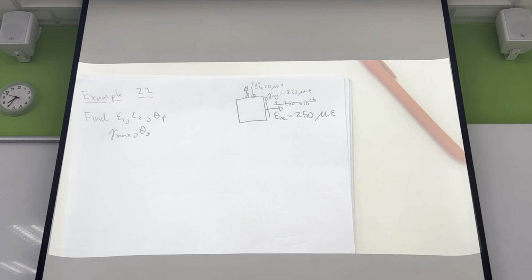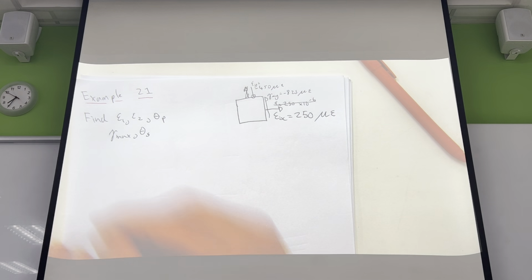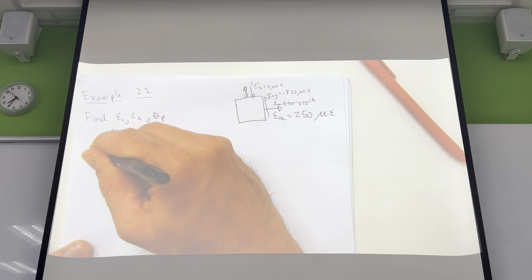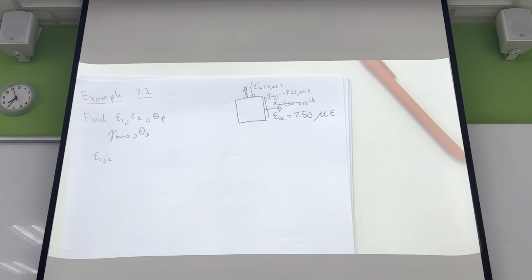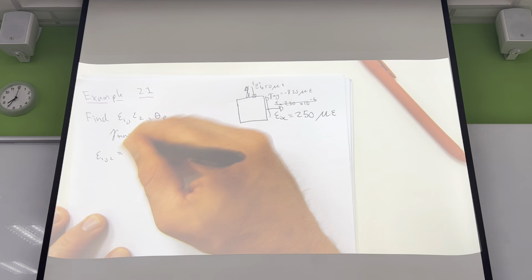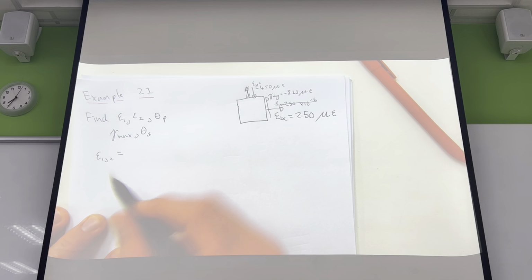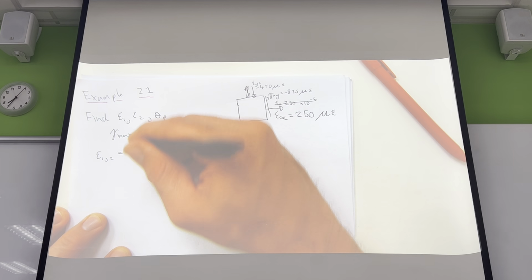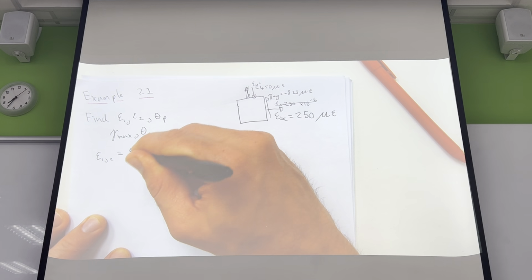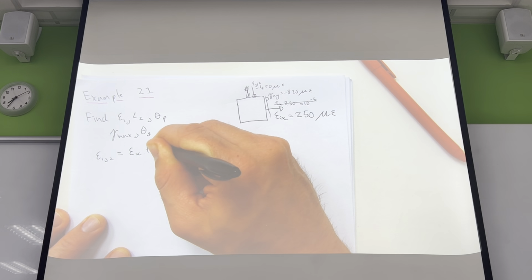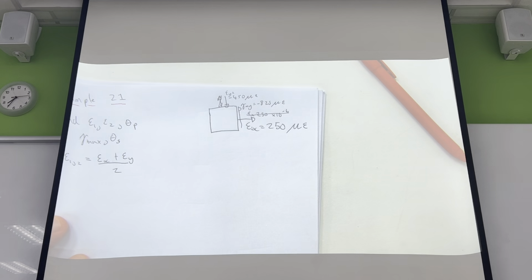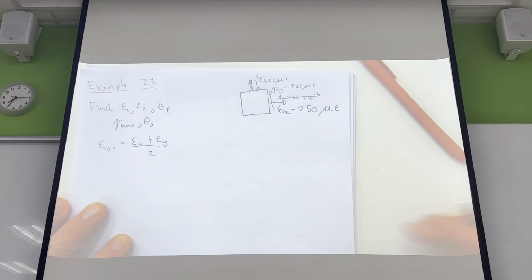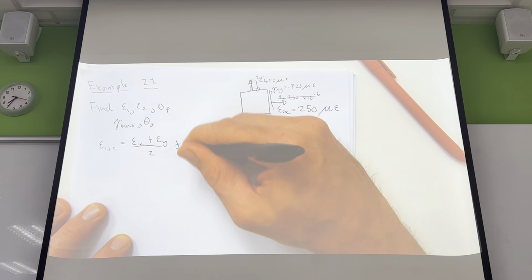With stress, the equation for finding principal stress was the average plus that hypotenuse term. We have the same thing here. Strain 1, 2 is equal to the average normal strain, so that's strain in X plus strain in Y divided by 2, plus minus the hypotenuse.